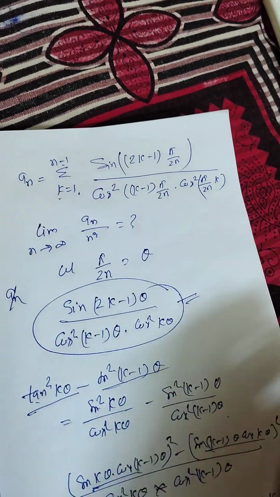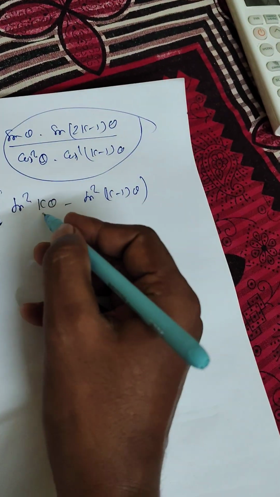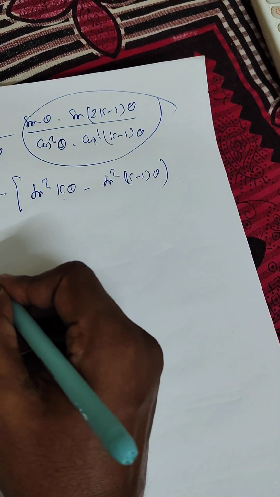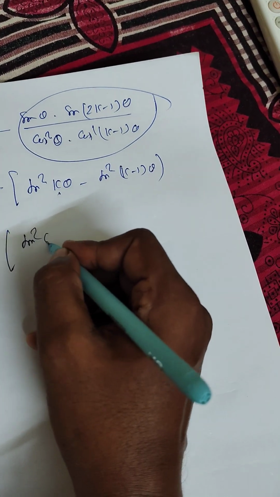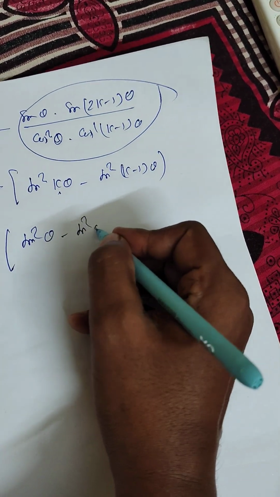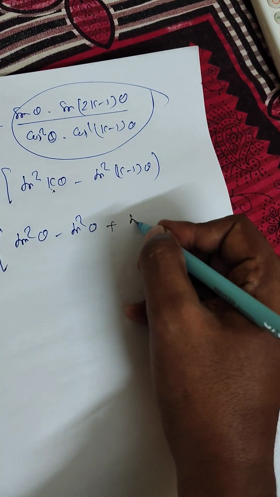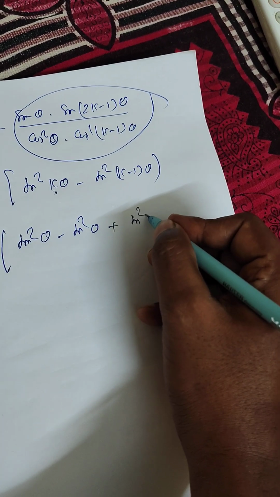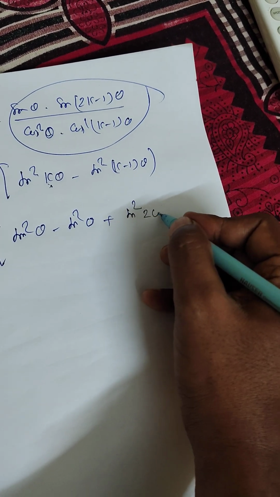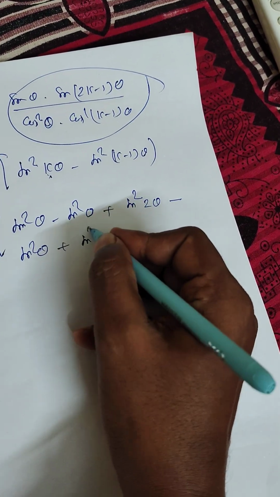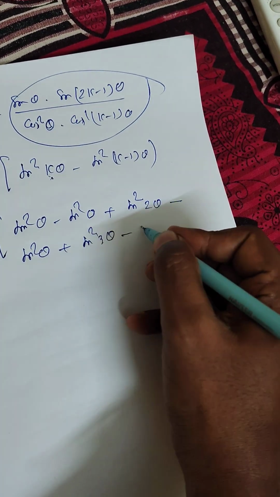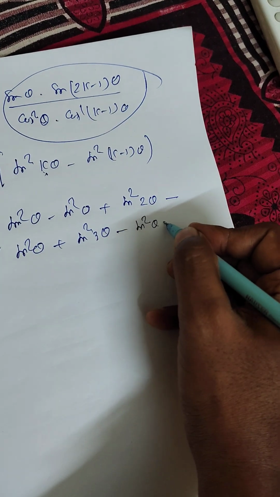Now the summation k is equal to 1 to n minus 1. Start with k is equal to 1: 1 by sin theta, put k is equal to 1: tan square theta minus tan square 0. Put 2: tan square 2 theta minus tan square theta. Put 3: tan square 3 theta minus tan square 2 theta.